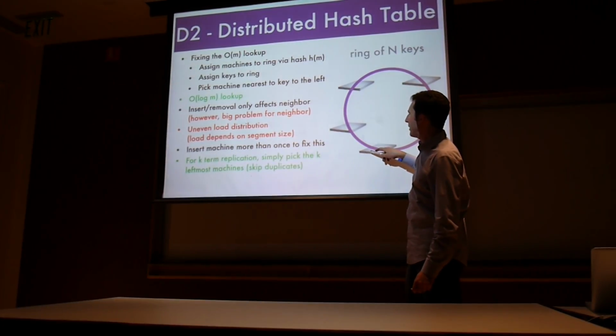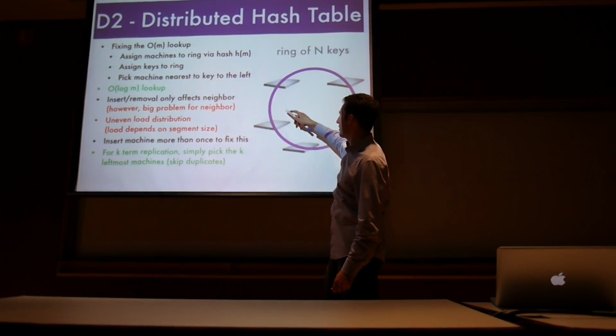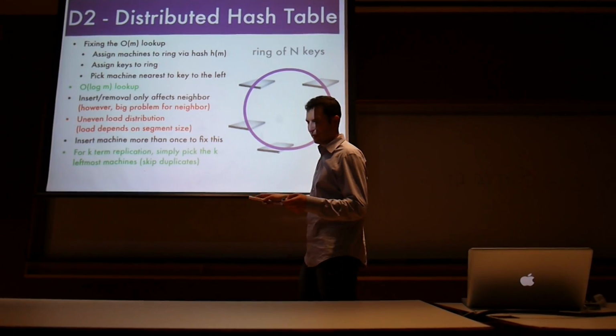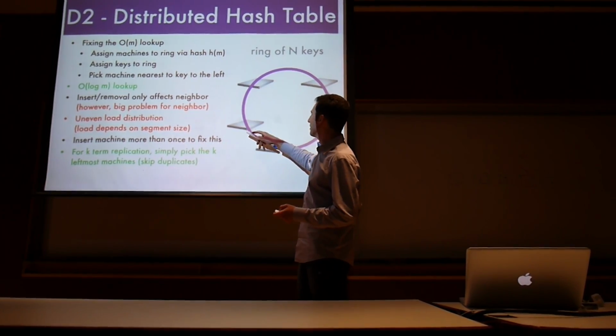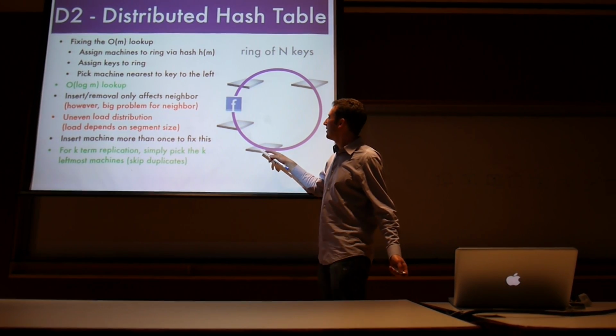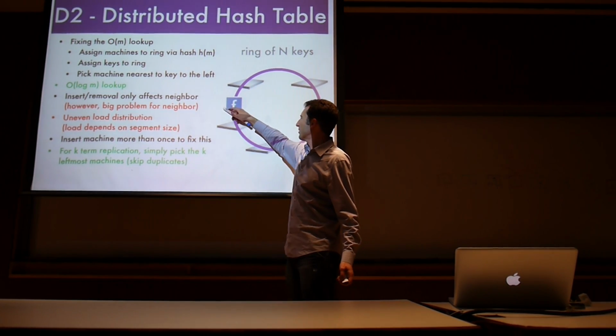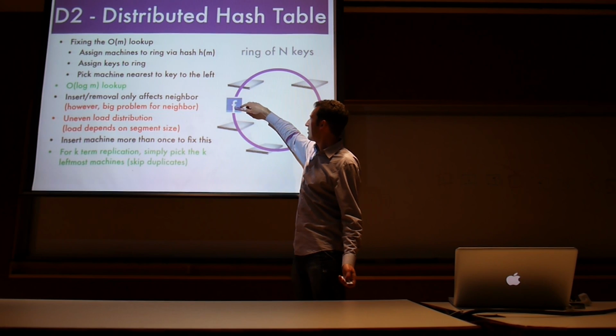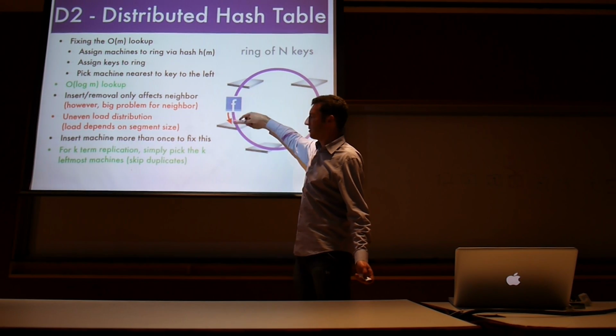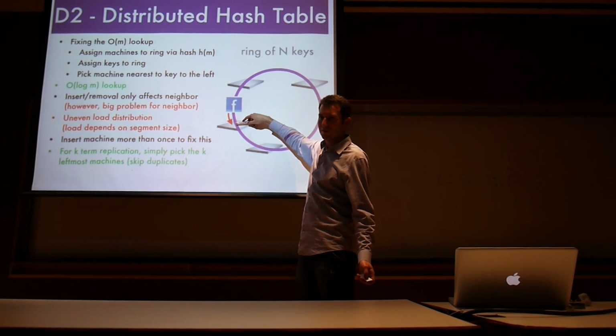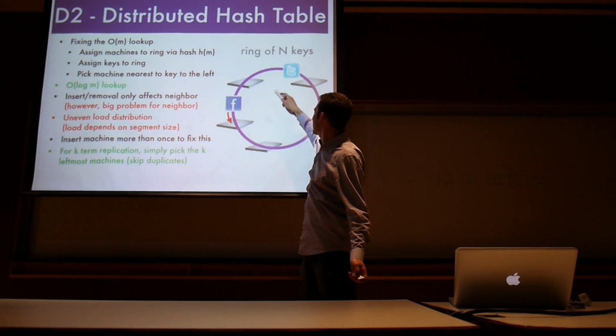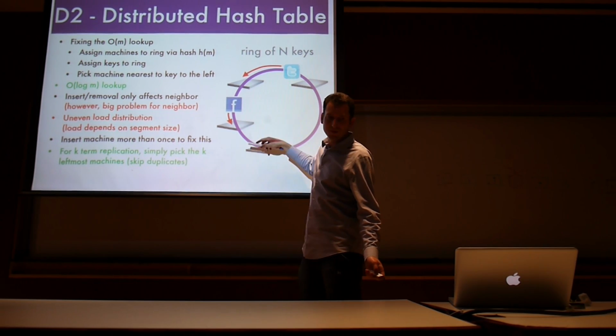And then you pick the machine nearest to the key on the left or on the right, doesn't really matter, but on one side. So in other words, if I get an object and I hash it in here, then this will be hashed to the leftmost machine. When I get another object, it's hashed to the leftmost machine, and so on.